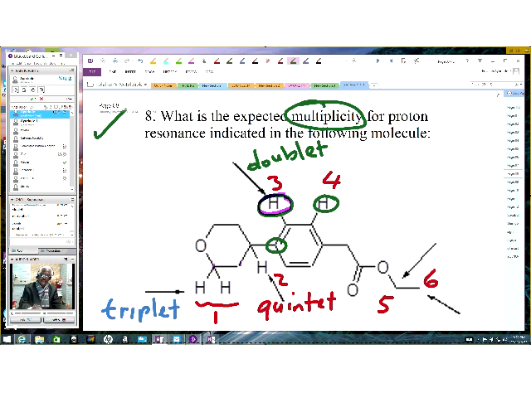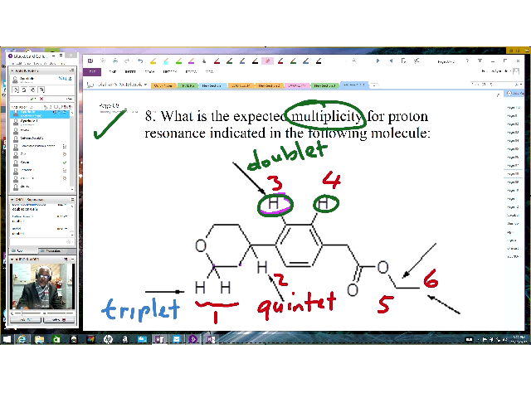Okay. Now let us go to hydrogen 4. What will be the multiplicity of hydrogen 4? Exactly, it's a doublet, because hydrogen 4 only sees one hydrogen on the next carbon atom.